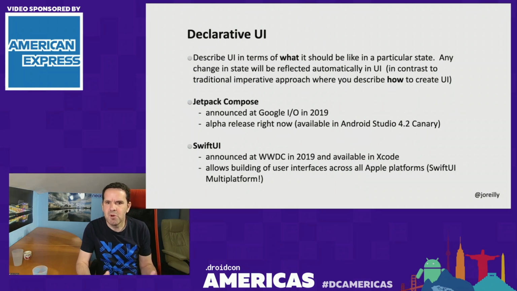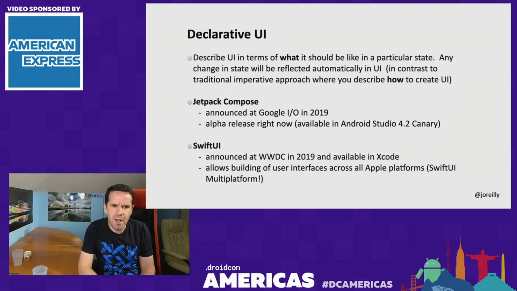Any change in state is reflected automatically in the UI through an optimized process; in Jetpack Compose, you'll hear people talk about recomposition. Jorge talks about the smart recomposition it's able to do, understanding from its state change what part of the UI needs to be re-rendered. And we'll see an example as we build this out, if you haven't seen it before, of what declarative UI looks like, in Compose and SwiftUI.